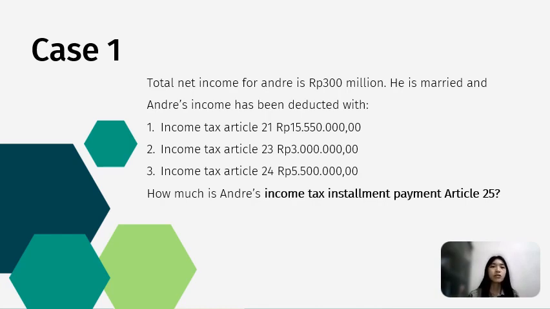So the total net income for Andre is 300 million. He is married and Andre's income has been deducted with the income tax Article 21, 23, and 24. So how much is Andre's income tax installment payment Article 25? We assume that this case is for the individual taxpayer other than certain entrepreneurs.